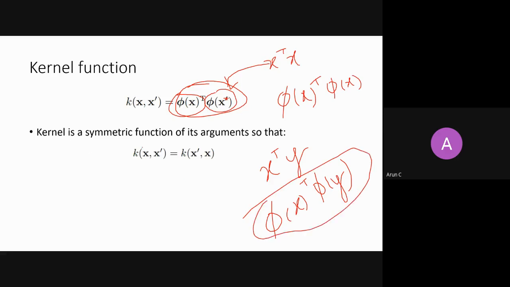We just represent it by using kernel functions. We say that this is a kernel function, right? And they are symmetric. Whether you do X transpose Y or Y transpose X, the value will not change, right? So these are the kernel functions.